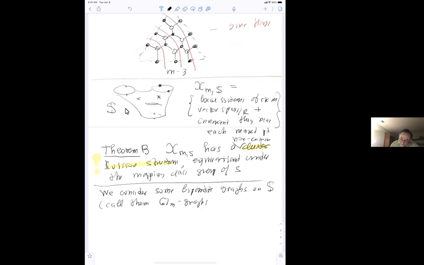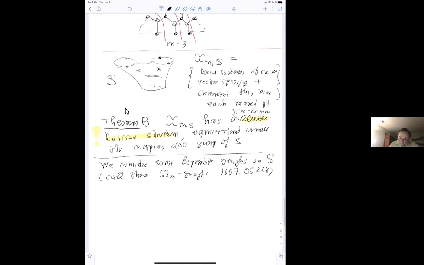I'll tell you what these graphs are in a second. And if you want to know a detailed story about all this, you can look at my paper, 1607.05228, about this kind of graphs. Here's an example of such a graph.